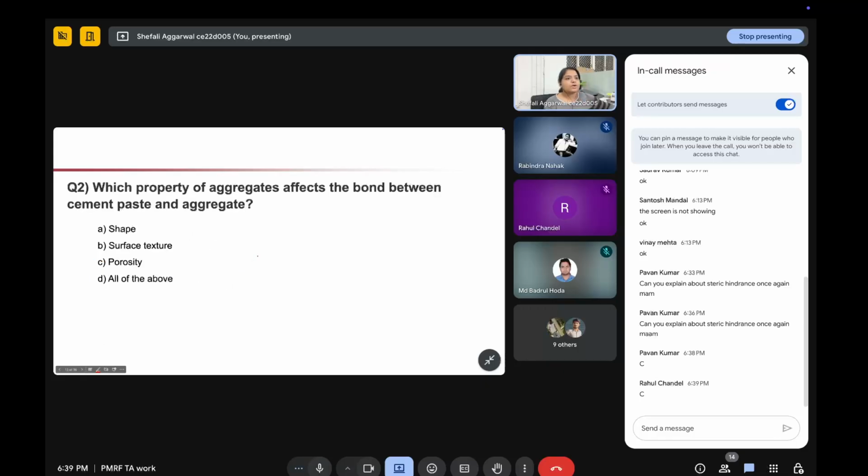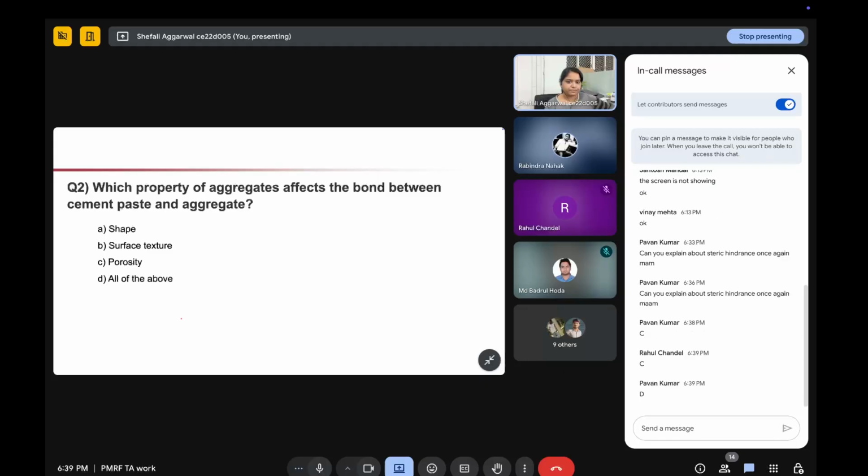Which property of aggregates affects the bond between cement paste and aggregate? The shape, surface texture, porosity, or all of the above? D, correct, all. If we have good shape, we will have more surface area.